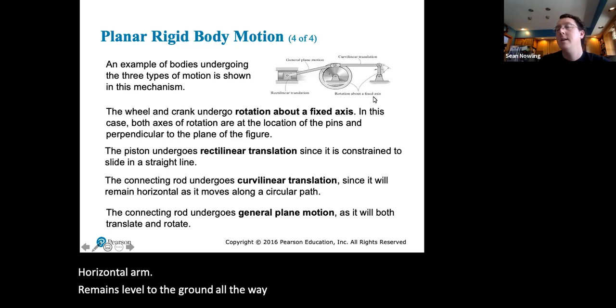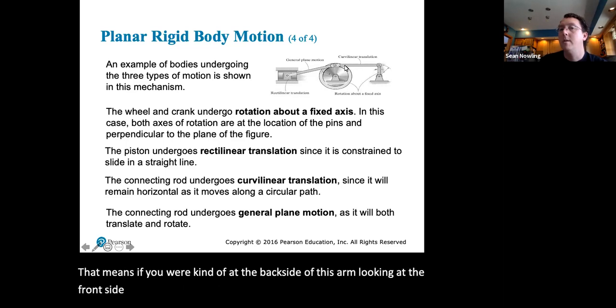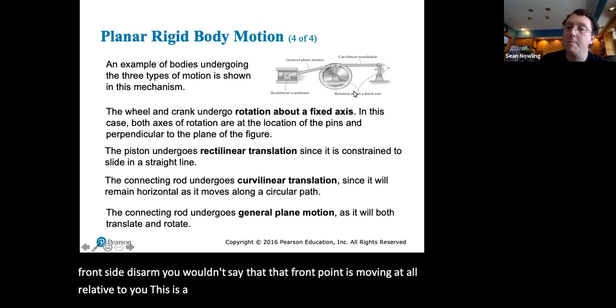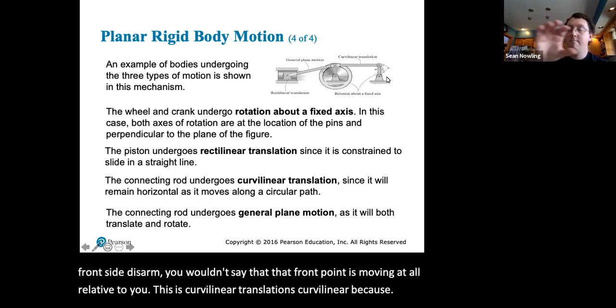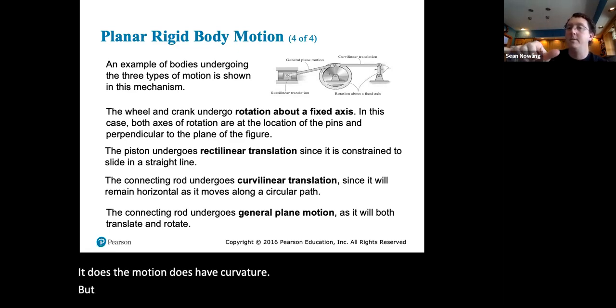So if you were at the back side of this arm, looking at the front side of this arm, you wouldn't say that the front point is moving at all relative to you. This is a curvilinear translation. It's curvilinear because the motion does have curvature, but the relative positions do not change along that rod.